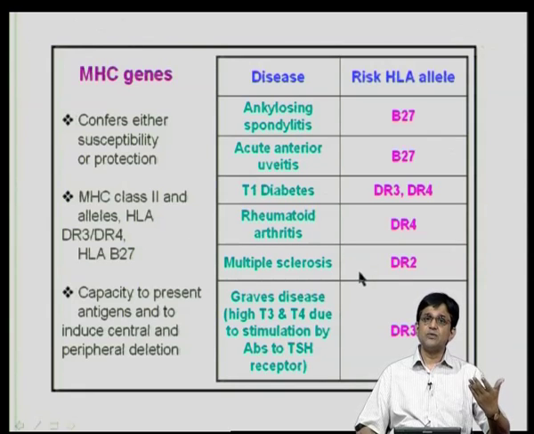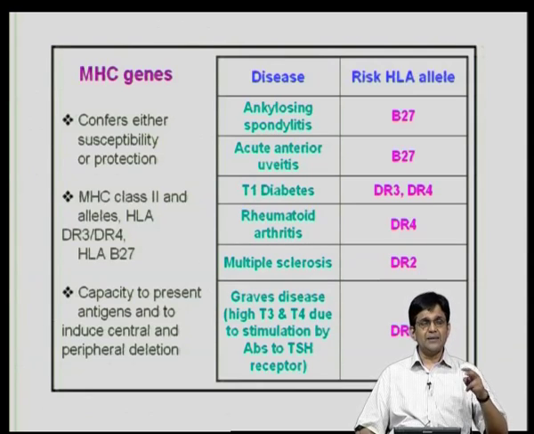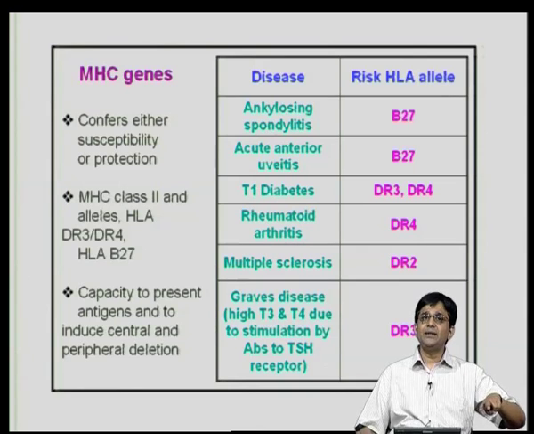Now, in Graves' disease, what happens is you have higher amounts of the thyroid hormones T3 and T4 being produced. Why are higher amounts produced? That is because you have antibodies to the TSH receptors, and these antibodies stimulate the TSH receptors.